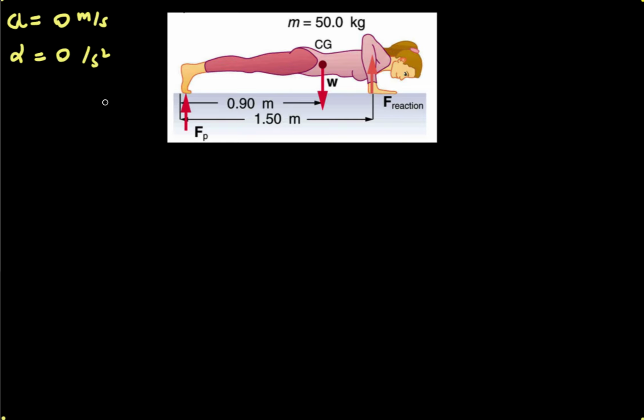And if you look at this picture of this person doing a push-up, we assume that this person is in equilibrium at this point. So they're just holding there. And we want to know what F reaction is and what FP is, given that we know what the person's weight is.